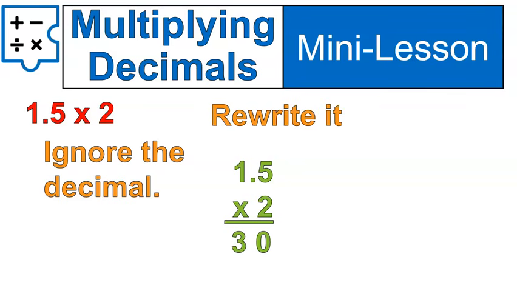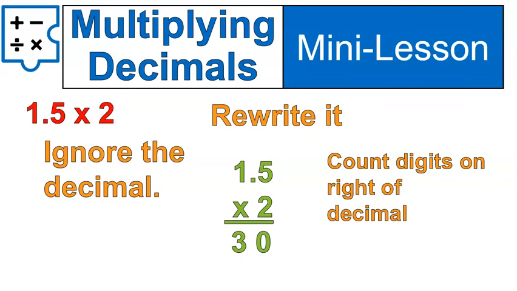Now we have to go back and actually think about the decimal a little bit. What we're going to do is count the number of digits on the right of the decimal. We don't have to care what the number is, but how many digits are on the right of a decimal. In this case, the only decimal I have is 1.5, and the 5 is one digit on the right of the decimal. And that's important.